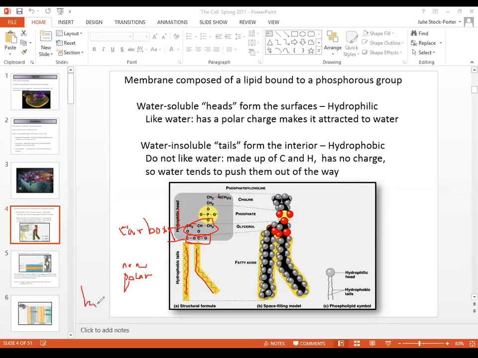The relationship is hydrophobic. This is a real important concept to understand. Here are the hydrocarbon chains.